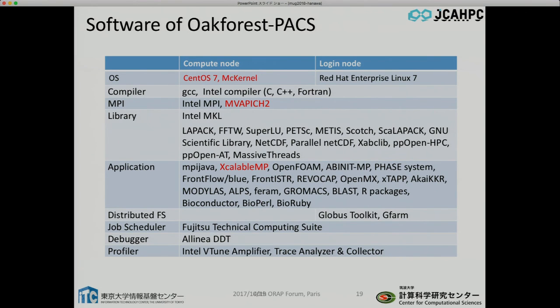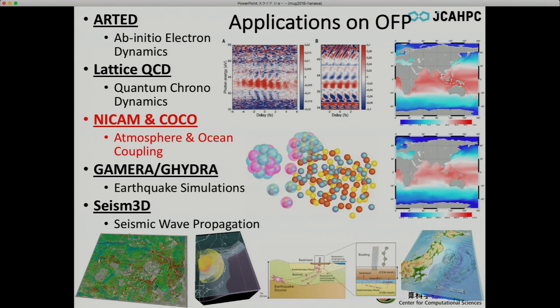Okay, so this is a chart of the Oakforest-PACS software. These are our big users' applications. ALTED and Lattice QCD come from the University of Tsukuba side, and NICAM, COCO, GAMERA, Godzilla, and Seism3D come from our university.